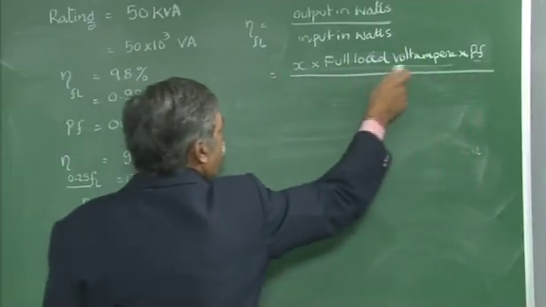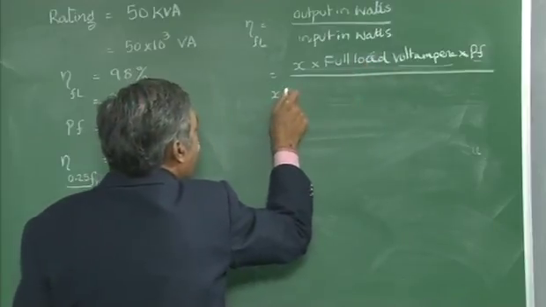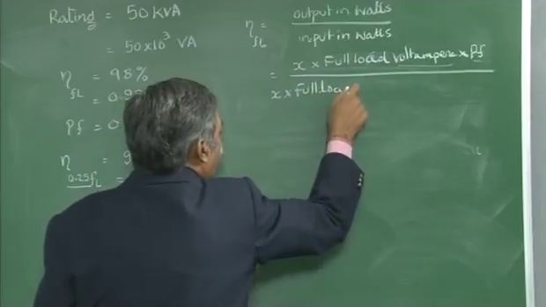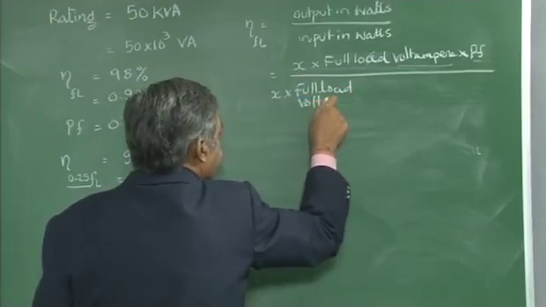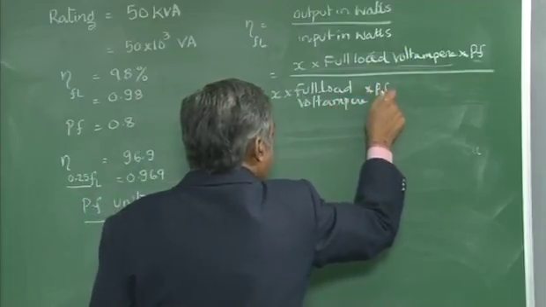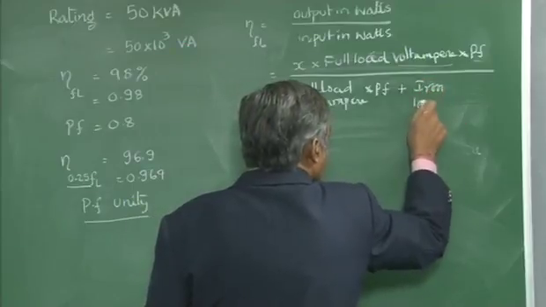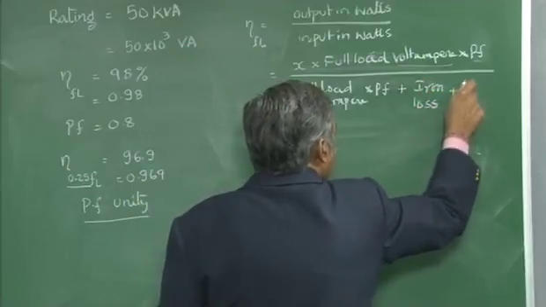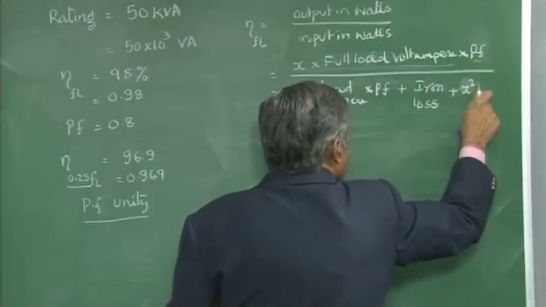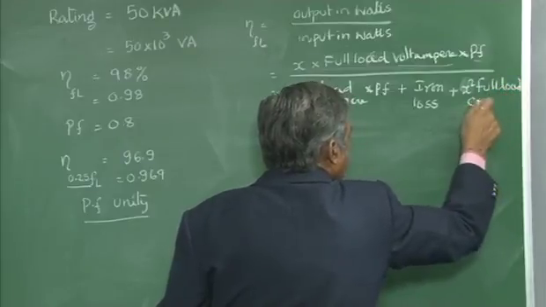Full load volt ampere, or full load output, divided by x times full load volt ampere multiplied by power factor, plus iron loss which is always constant, plus x square times full load copper loss.